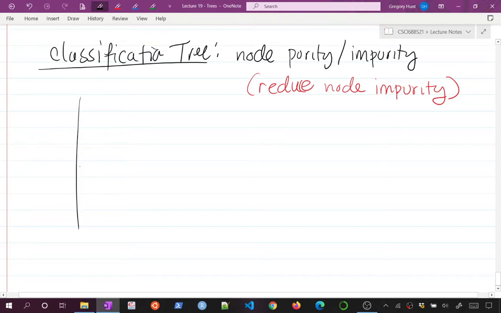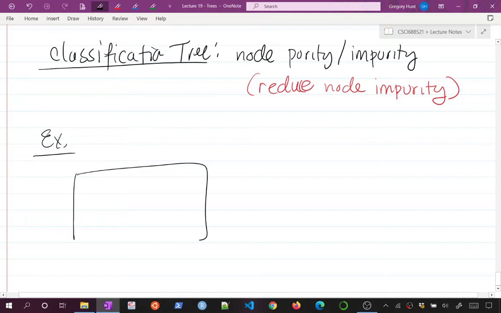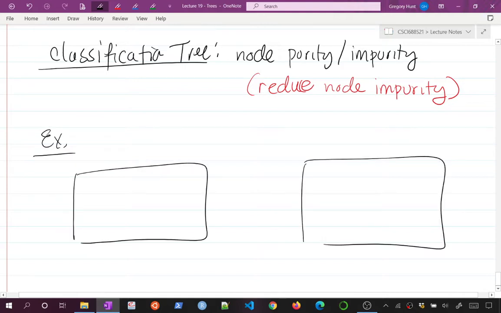Here is an example. Maybe this is one rectangle, this is another rectangle. In one rectangle I have a bunch of red circles and one green triangle, and in my other one I have something like this. Maybe I should use the same color. Okay, something like that.